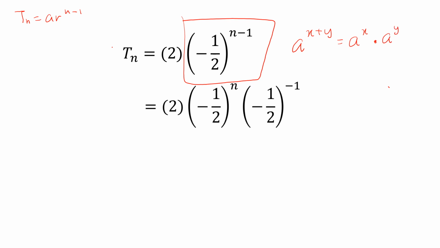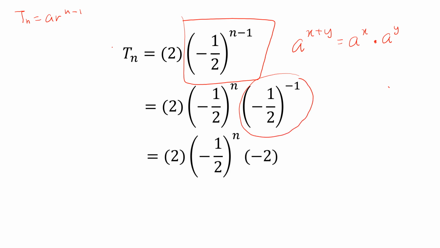So what we will get is 2 times negative 1 over 2 to the power of n times negative 1 over 2 to the power of negative 1. And negative 1 over 2 to the power of negative 1 is the same as negative 2. Therefore, simplify this one, 2 times negative 2, and we get the expression of Tn is -4 times -1/2 to the power of n.